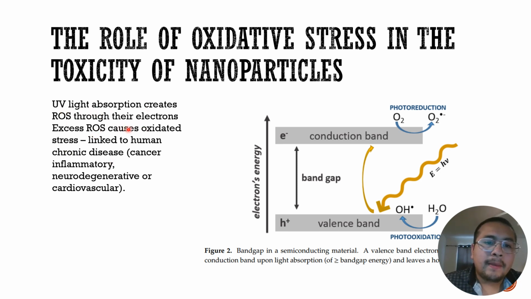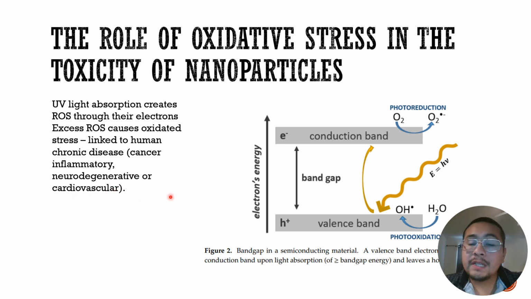So yeah, they're called reactive oxygen species, and excess reactive oxygen species causes oxidative stress linked to human chronic diseases such as cancer, inflammatory, neurodegenerative, or cardiovascular.